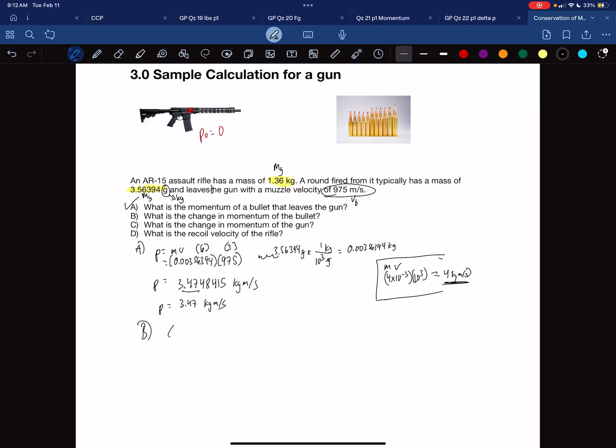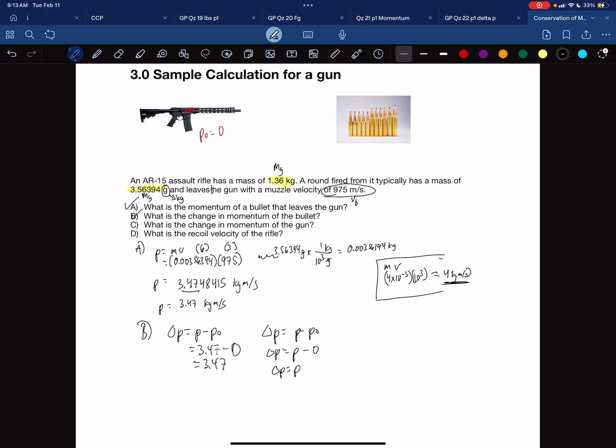In a formula, delta P equals P minus P0, so 3.47 minus 0, which is 3.47. If the starting momentum is 0, then the change in momentum equals the momentum. That's the algebra that expresses the same idea.